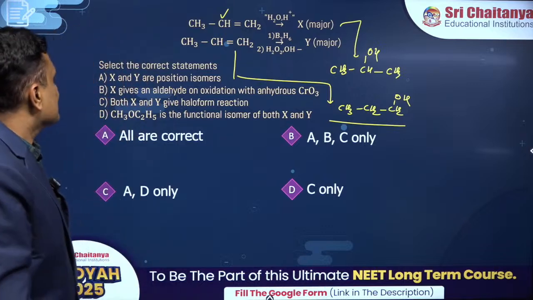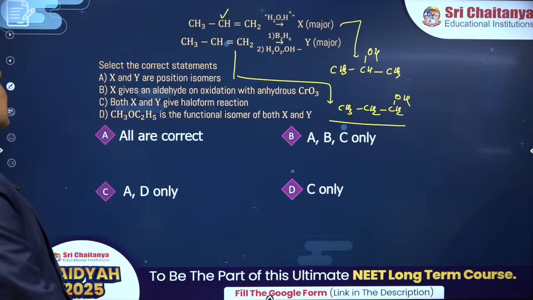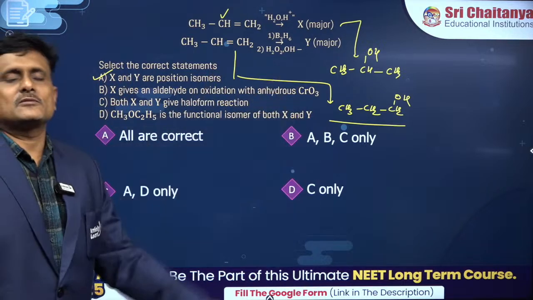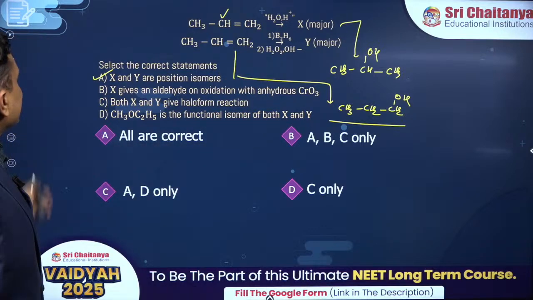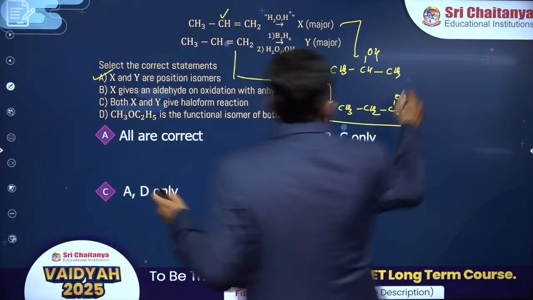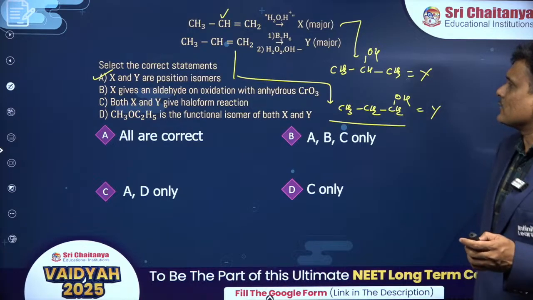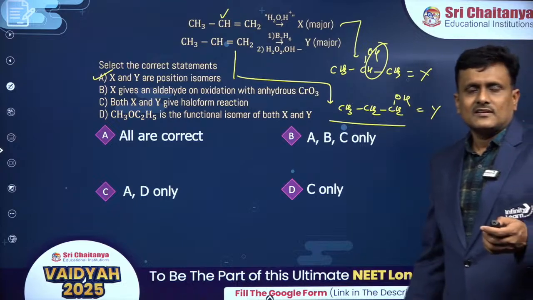Good. So what are these two? What are these two buddies? They are positional isomers. Looks to be all right. One is 2-butanol, the other is 2-propanol, 1-propanol. X gives, what is X? They are positional isomers. X gives an aldehyde on oxidation with this. No, that's not true because it gives ketone.